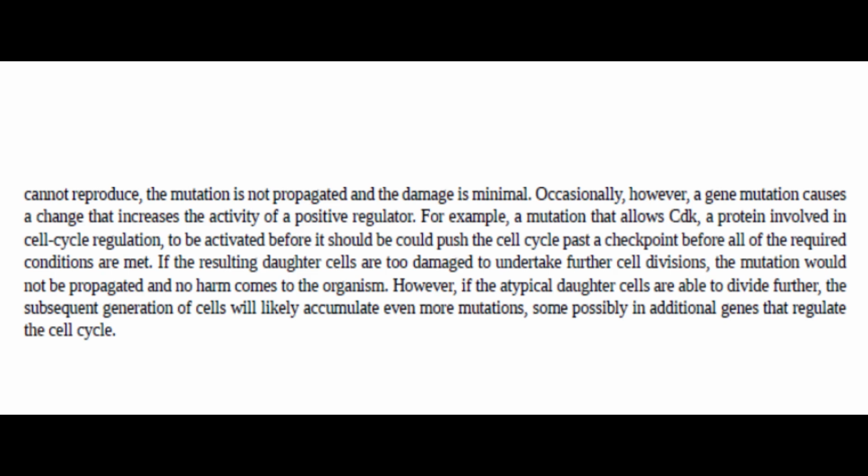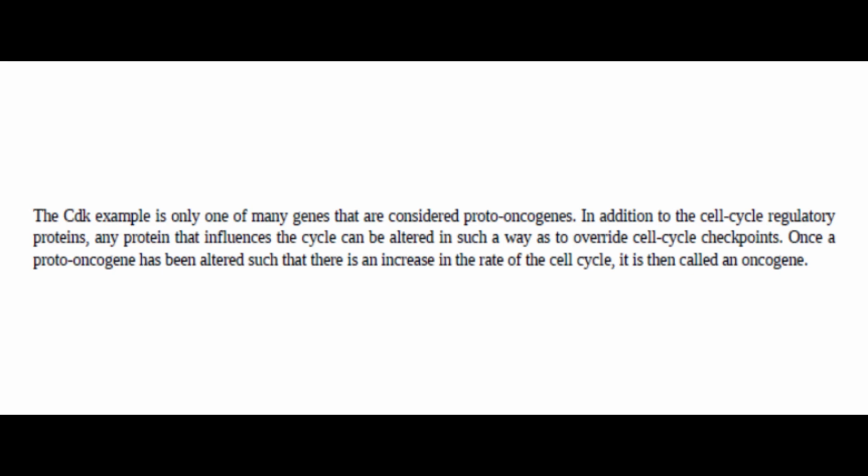However, if the atypical daughter cells are able to divide further, the subsequent generation of cells will likely accumulate even more mutations, some possibly in additional genes that regulate the cell cycle. The CDK example is only one of many genes that are considered proto-oncogenes.